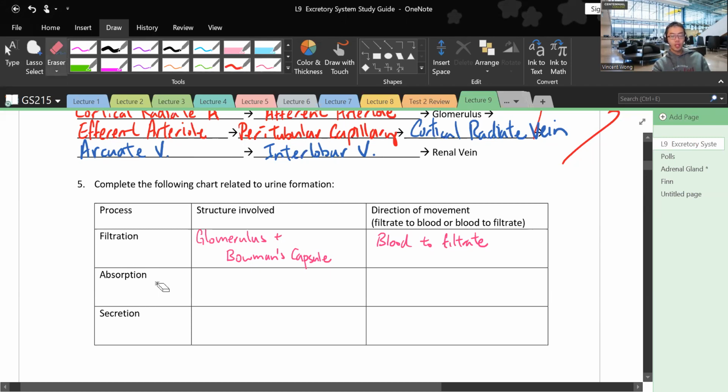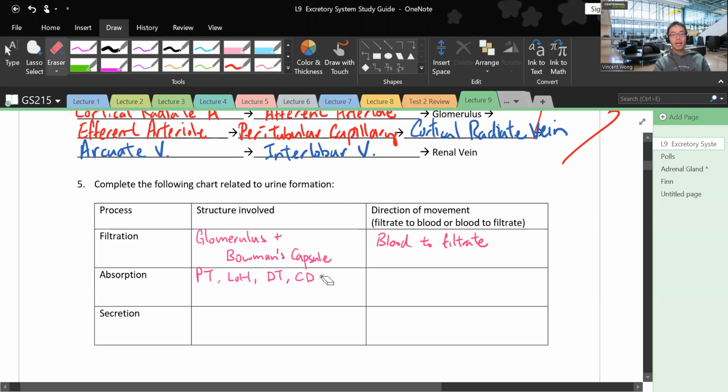For absorption, this will happen in the proximal tubule. For the most part, it happens in the proximal tubule. 60 to 70% of the stuff that we lost in the filtration step will be reabsorbed in the proximal tubule. You will do a little bit of it at the loop of Henle, and then also in the distal tubule and collecting duct as well.